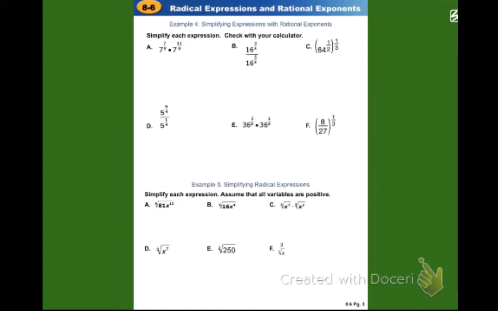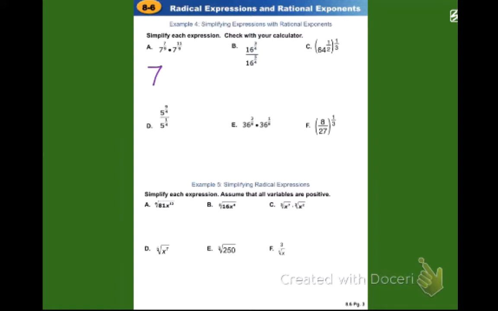Let's turn the page. So in this next example, we're going to apply some of the power properties that we reviewed at the beginning of this trimester. And so in example A, we're multiplying two powers and they have the same base. So when you multiply and the bases are the same, we can combine them together as just one single base by adding the exponents.